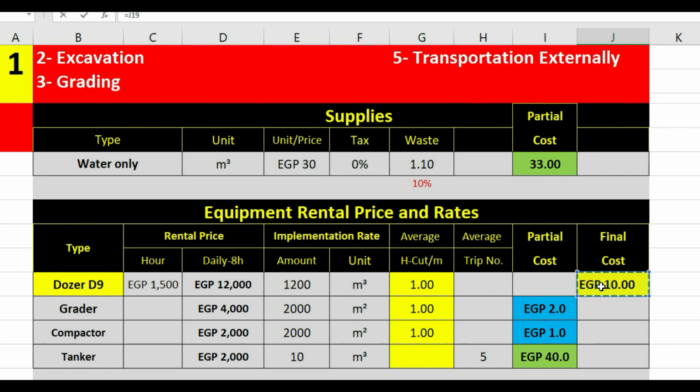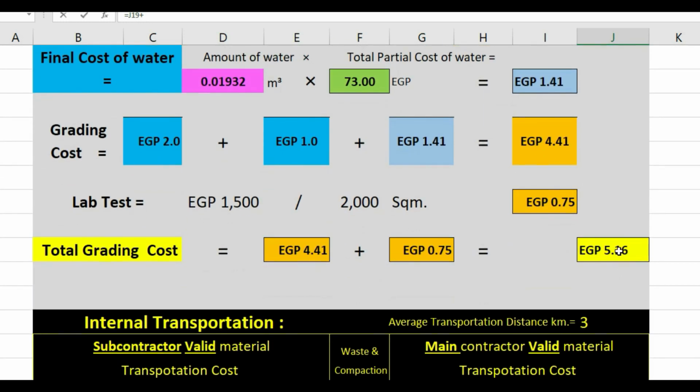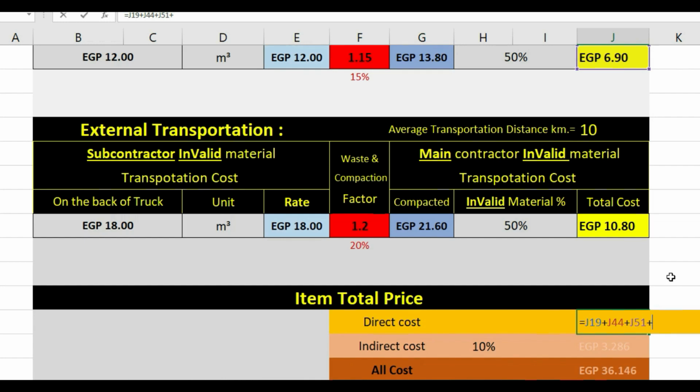Those are costs plus, look here, grading costs plus, look here, internal transportation plus external transportation equal 32.86. This is direct cost, or sometimes they call it dry cost.